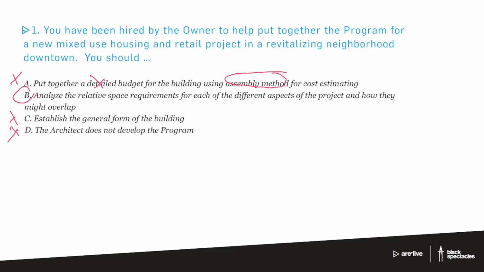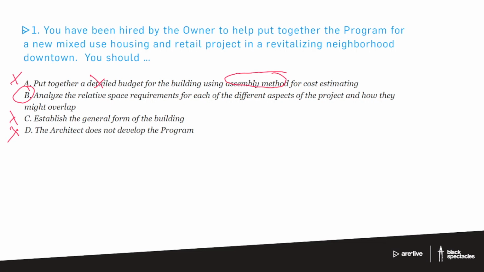So therefore, we are B, analyze the relative space requirements for each of the different aspects of the project and how they might overlap. One of the big things you do, it's only one of many, when you're putting together a program is look at all the different departments, if it's a corporation, or all the different rooms, if it's a house or whatever it happens to be.